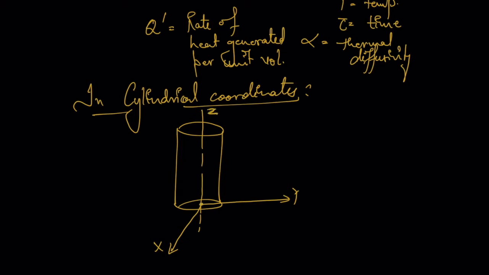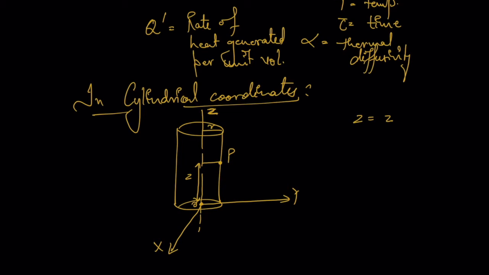And suppose this is the radius, the radius of the cylinder is r. Suppose some point P is here, and we need to write the coordinates of this point P. Suppose this is the origin. This point P is z distance above this, so we can clearly write the z coordinate is equal to z.